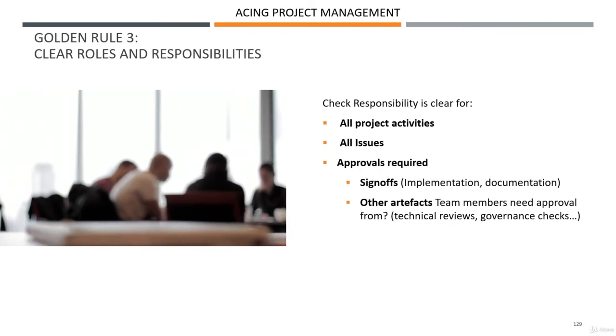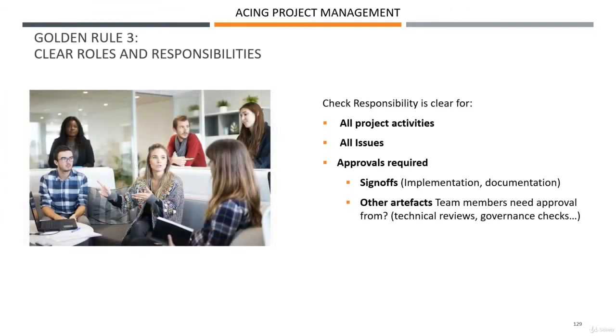So be aware of that, especially when you have to make a decision on the project as a group. Make sure that everyone who is making a decision is known to you. You might not be able to bring them all in the room, but technical groups, government checks, functional managers, make sure that they are all clearly articulated, so that you know that you need to get this final tick before you can make that decision.